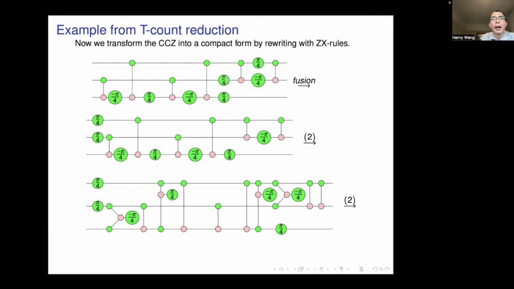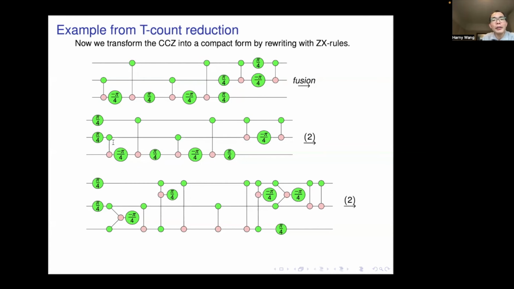Similarly for the second left pi, because these two nodes are the same color, green, I can also fuse and unfuse and move it to the left, to make it clear. And then, okay, what's left?